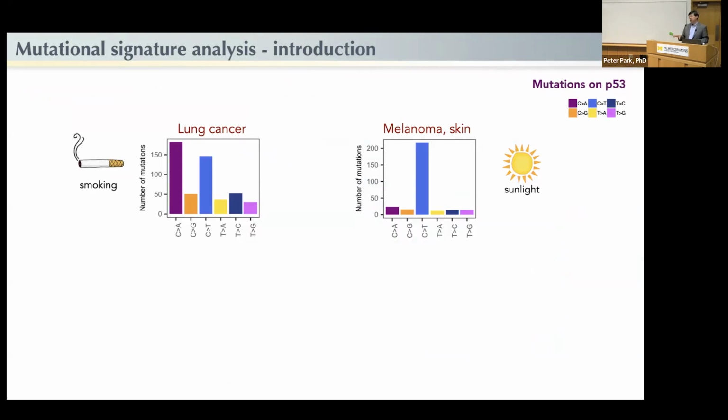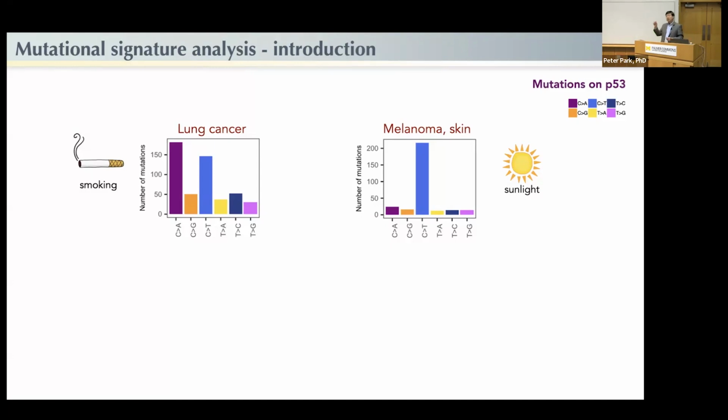If you look at melanomas, it's mostly C to T, okay? So here I'm just showing 6 different types of mutations, because when you see, for instance, C to T, that's like G to A if you look at the other strand, but you can't tell which one is which. So we just narrow this down to the 6 possible cases.